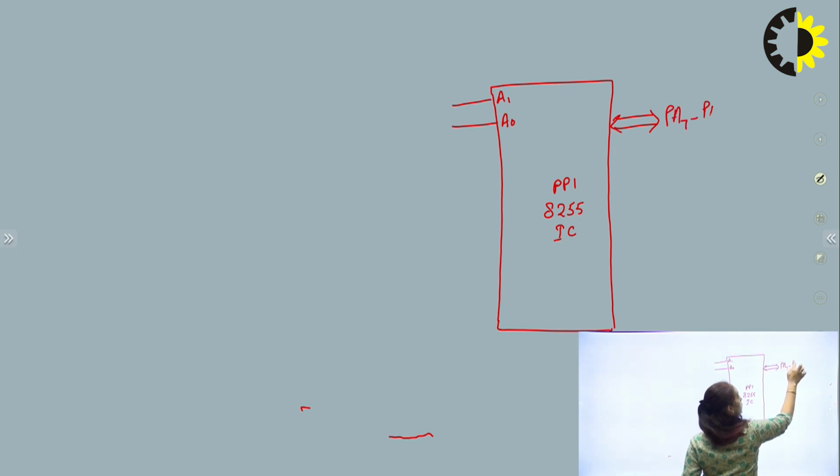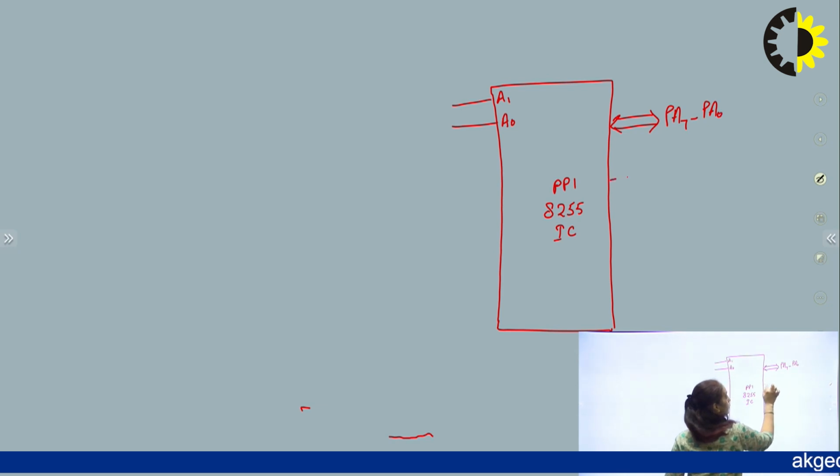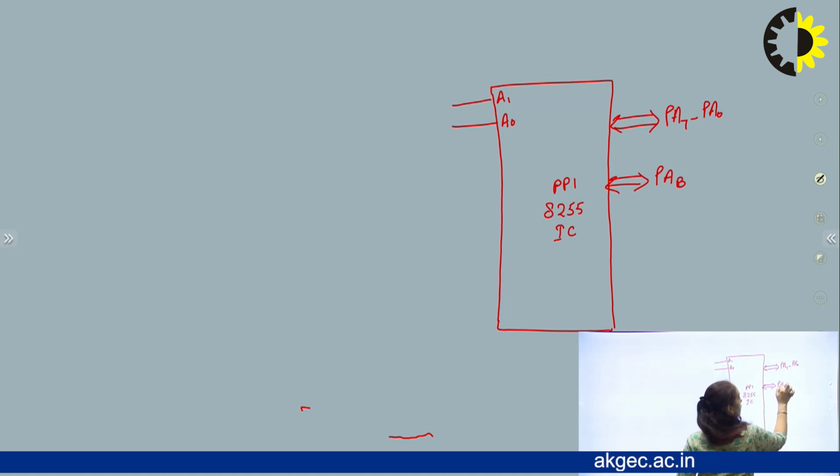PA7 to PA0 is port A, PB7 to PB0 is port B, then we have PC7 to PC0.